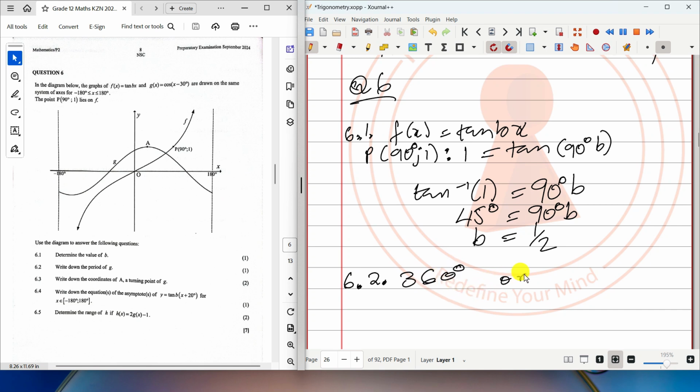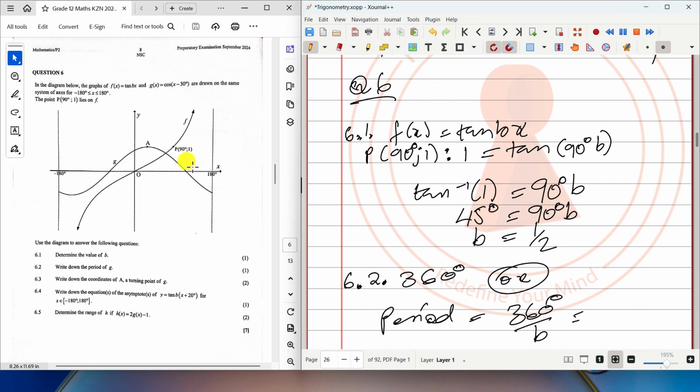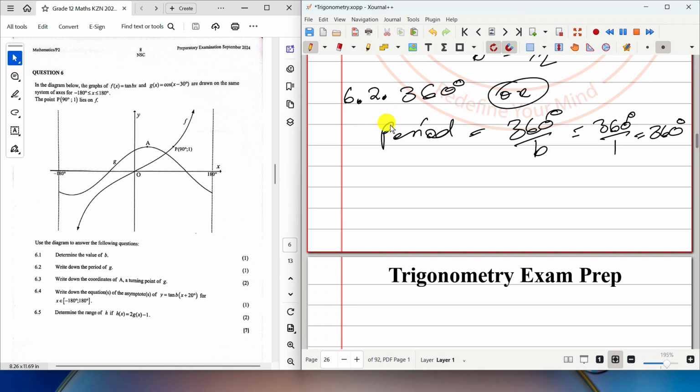Otherwise, you can say period is 360 degrees over b. What is b? b is the coefficient of x. It is 1. Isn't it? So this is 360 degrees. Okay? Perfect.